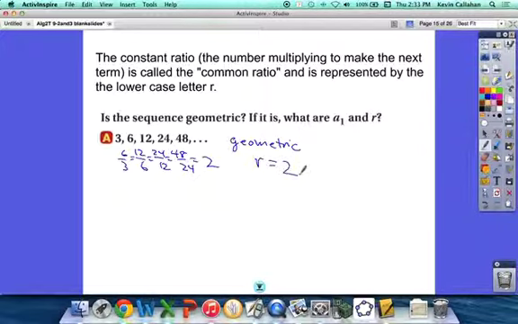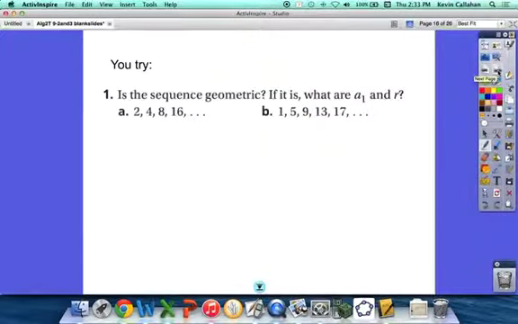We didn't say the a1 part, but that's kind of obvious. So you do those two again. Which one is geometric? What is r? 9, 3.